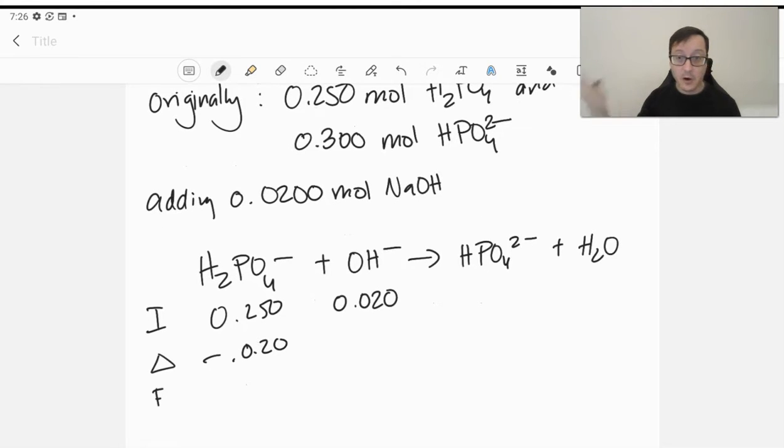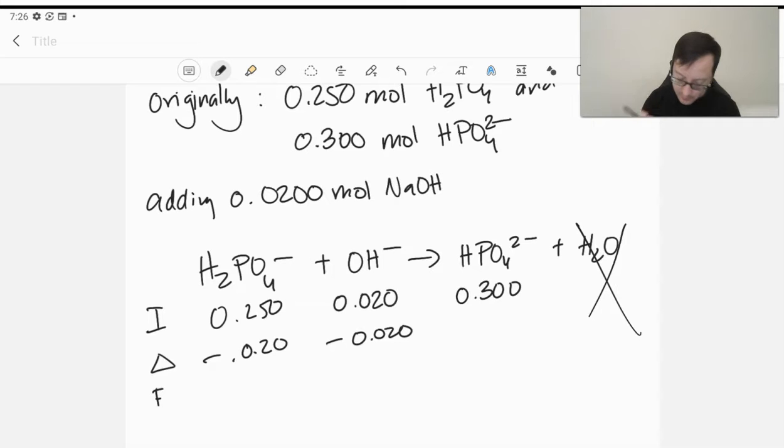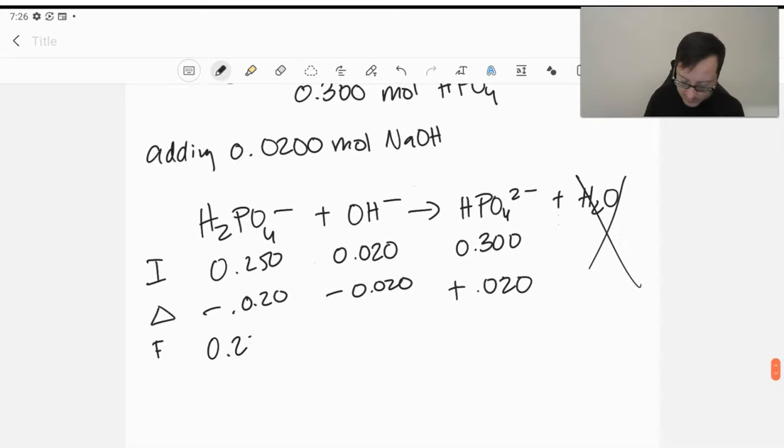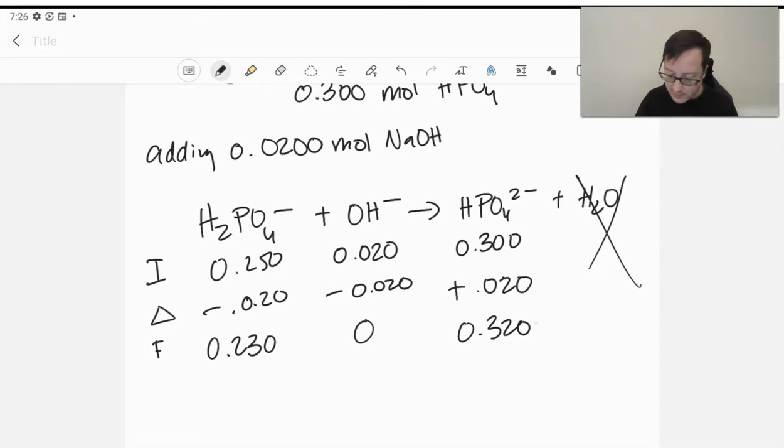Again, we want to get rid of all that extra base that we're adding. We're going to have our 0.300, and we don't really care about the water, plus 0.020. With these, you should never have any coefficients, thankfully, so we don't have to worry about that. But we end up with 0.23 moles, no new moles of OH minus, and then 0.32 moles here.